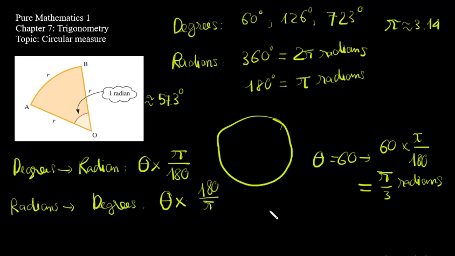Let's say my radian here is pi over 5. I want to convert it into degree, so I take pi over 5 multiplied by 180 over pi, which is equal to 36 degree.